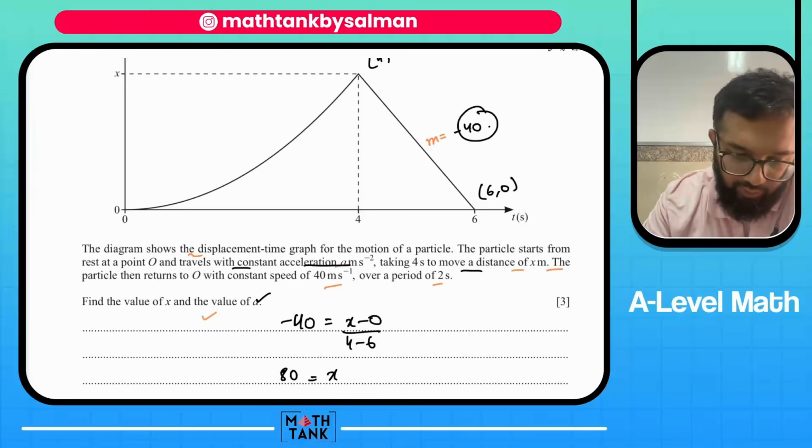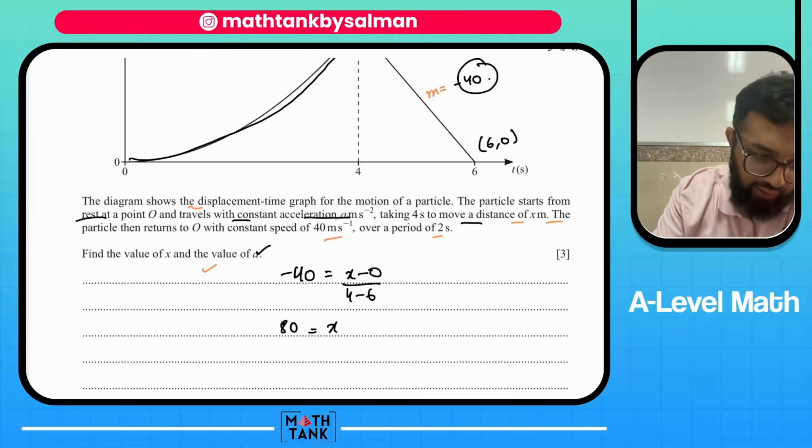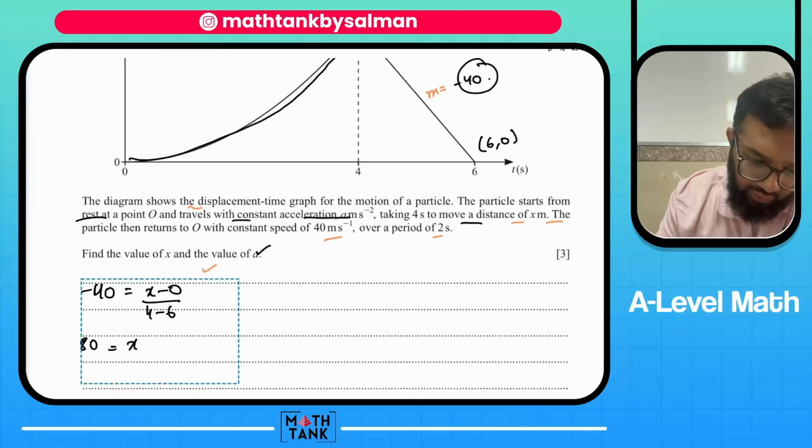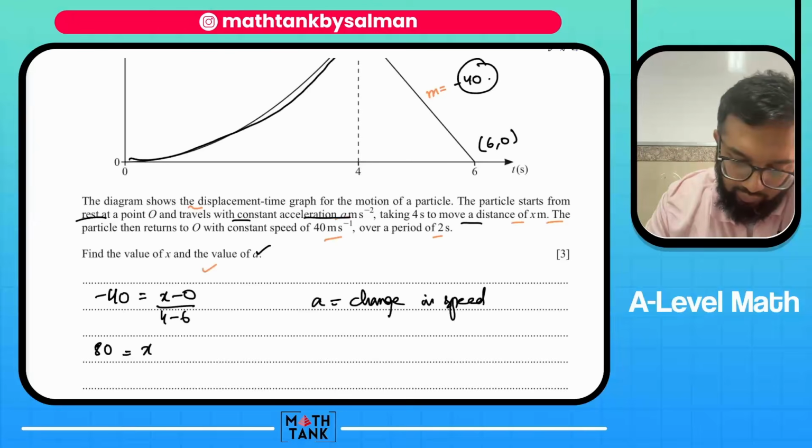So during this process, the speed increased from 0 to 40. It started from rest. That means the change in speed over the change in time is acceleration.